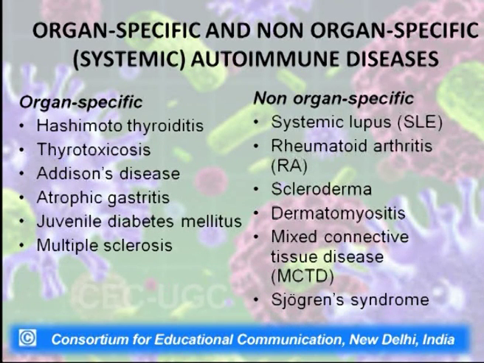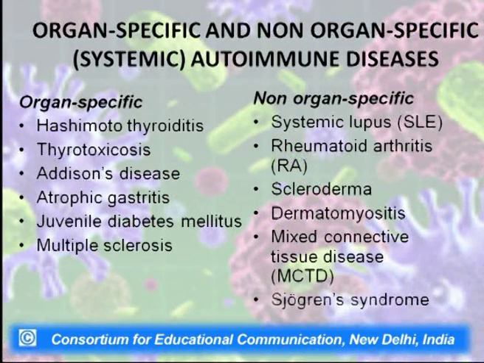Now, furthermore, to know more about the organ specific and non-organ specific: Hashimoto thyroiditis, thyrotoxicosis, which is also called Graves disease, Addison disease, atrophic gastritis, juvenile diabetes mellitus, multiple sclerosis, they are all types of organ specific autoimmune diseases.